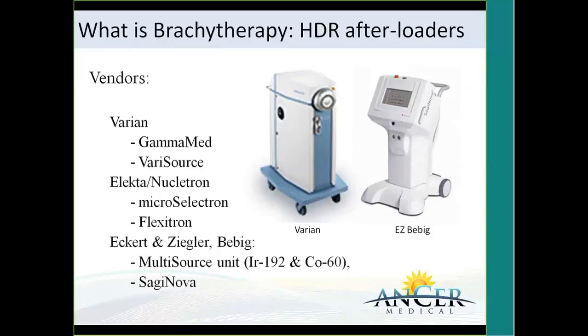Well, the iridium-192, because it has a half-life of 74 days, is typically replaced every 3 to 4 months. Some places, because they have so many patients, don't want to wait for the source to go down to half its activity, and they change the source every 10 weeks.